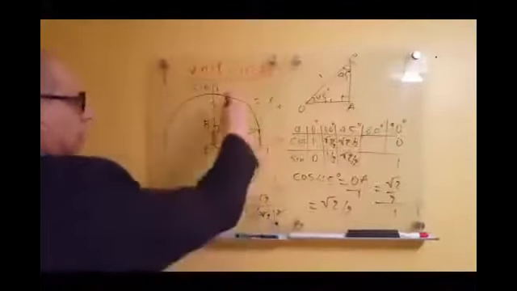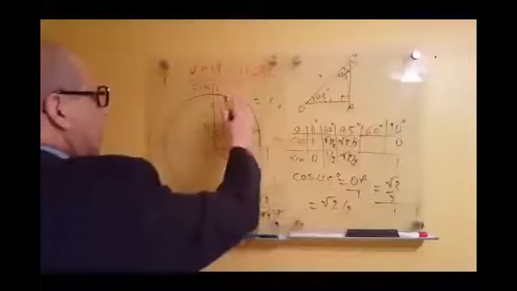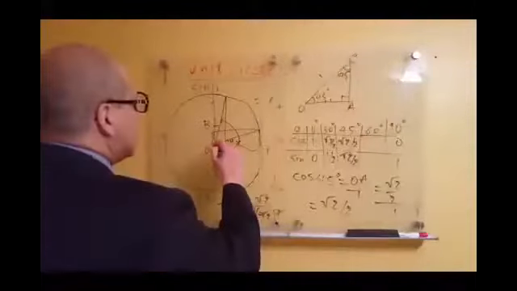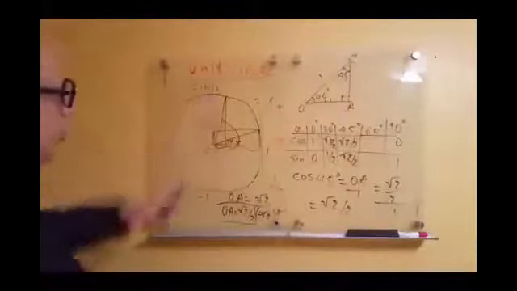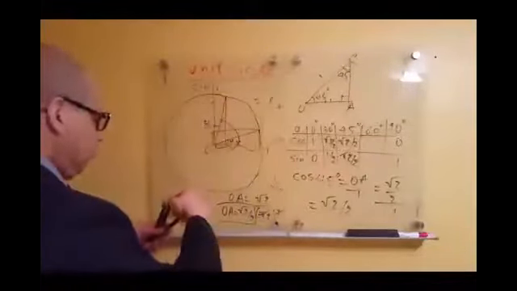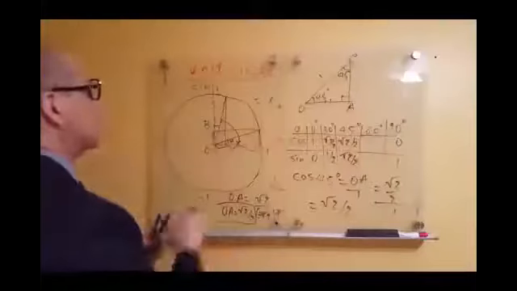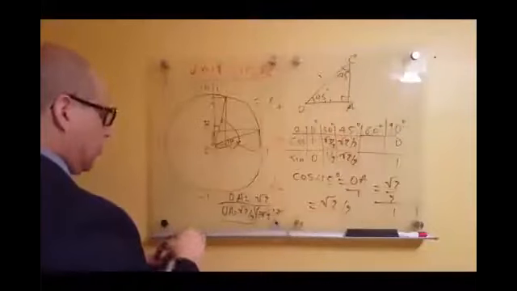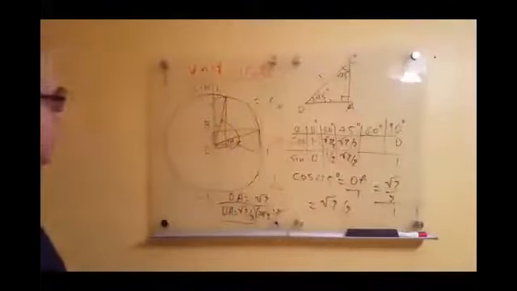So if you bring again the perpendicular from this point to this point, we have that this here is now the cos of this angle here, and this here is the sine of this angle here.